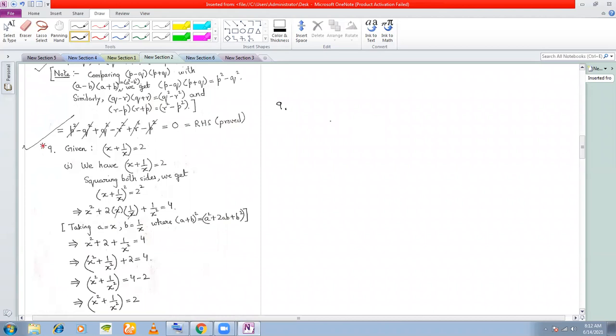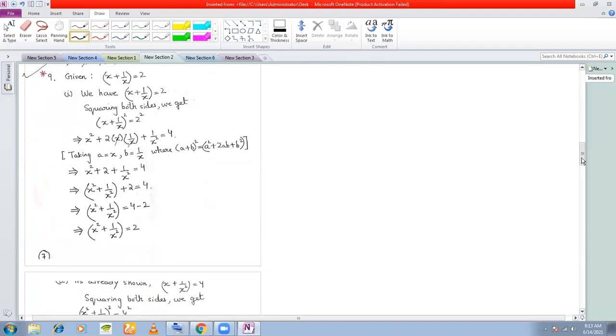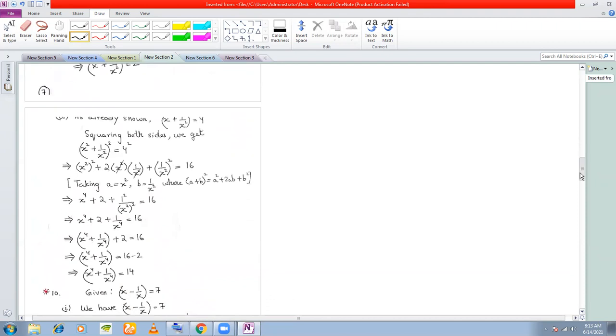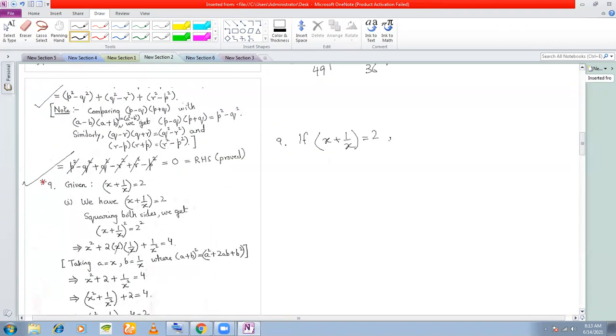Now the question here is, if x plus 1 by x is equal to 2, the first question here is x square plus 1 by x square, and the second question is x to the power of 4 plus 1 by x to the power of 4.